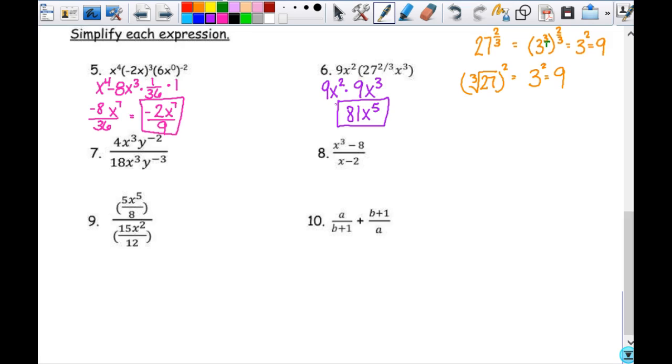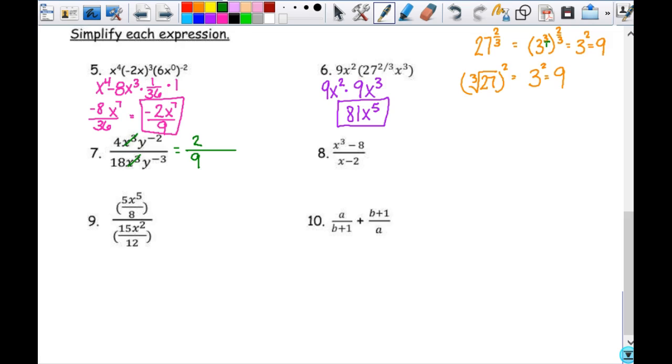Alrighty. So here, let's look at what's going on. So I'm going to take the 4 over 18, and I'm going to reduce that to 2 over 9. X cubed over x cubed, those cancel each other out.